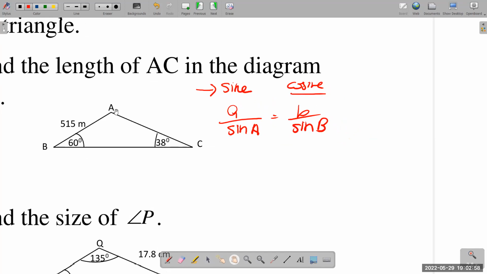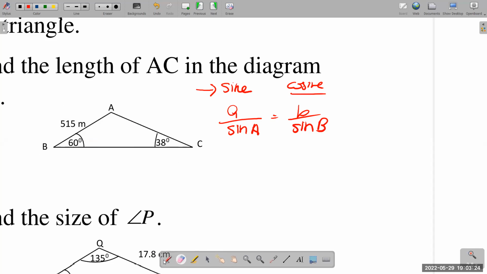So how do we relate the sides and the angles? Remember, if this is angle C, this is side C. And it doesn't really matter what letters you choose. So if this is angle A, this is side A. If this is angle B, this is side B. The angle that is opposite to the side is the one that corresponds to it. I hope y'all remember that.